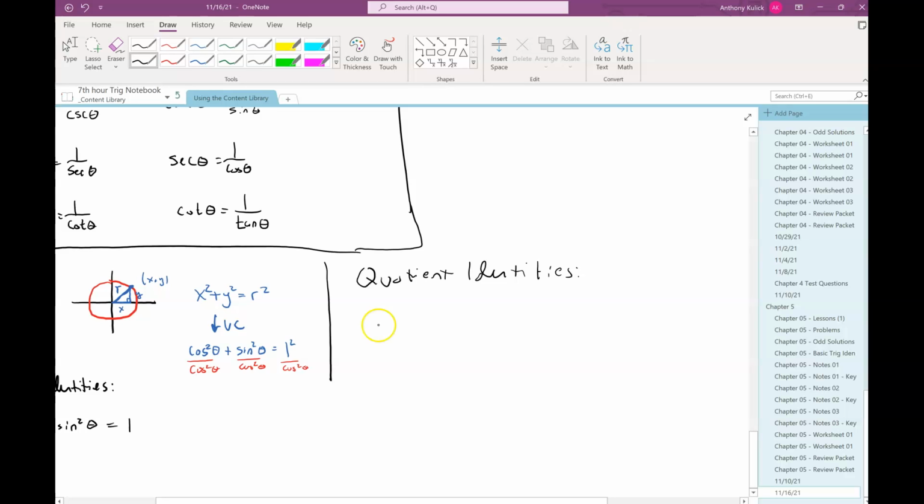So on the unit circle, you remember that tangent is y over x, right? And on the unit circle, y is sine and x is cosine. So we can say that tangent theta is equal to sine over cosine.